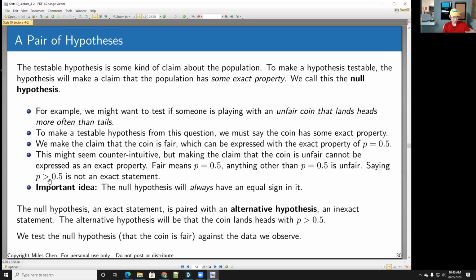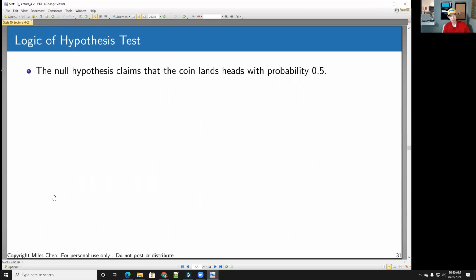The logic that we're going to go through is that we're going to gather data, and we're going to test this null hypothesis that the coin is fair against the data that we observe. So we start off with this null hypothesis claim that the coin will land heads with probability 0.5.